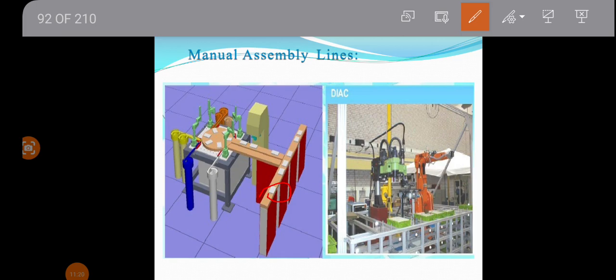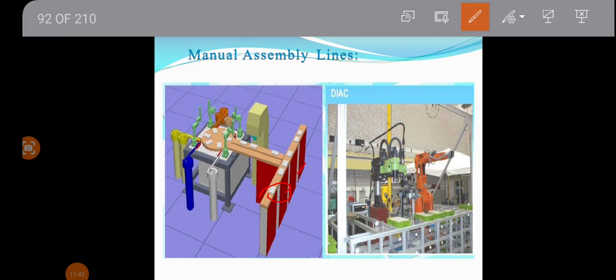Those elements are transferred in exactly one sequence, again by using conveyors. We have to choose different conveyors, but with conveyors we can transfer the material exactly in one sequence. Okay, one by one it will be transferred.